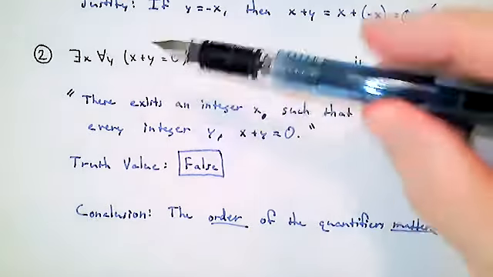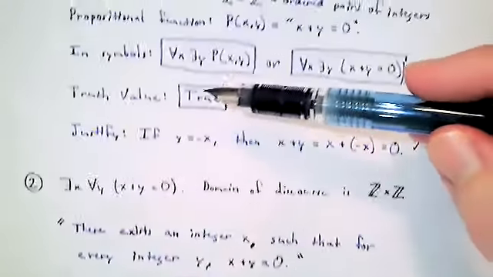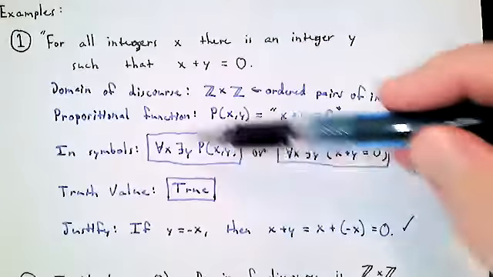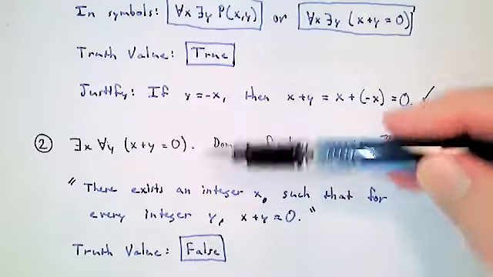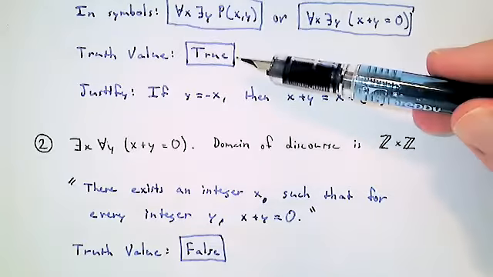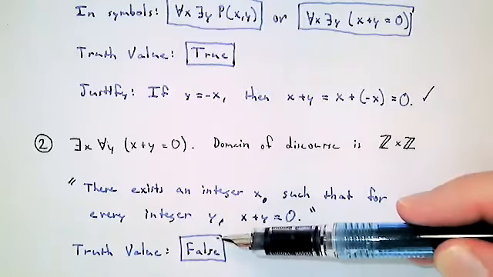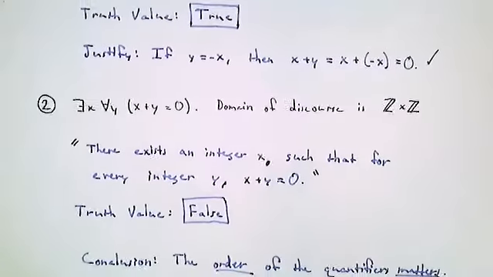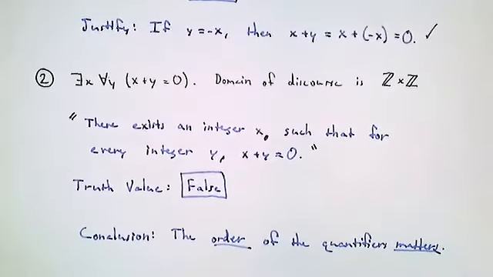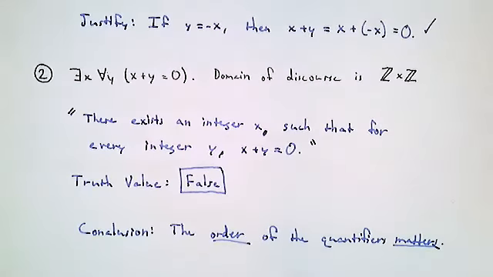Because when we changed the order in these two examples, the truth value changed. The first one was true, and the second one was false. So it definitely matters which order those quantifiers go in. Are there any questions over these examples?